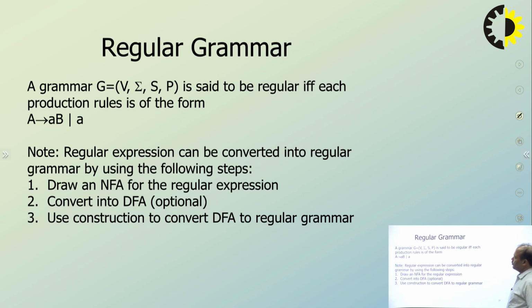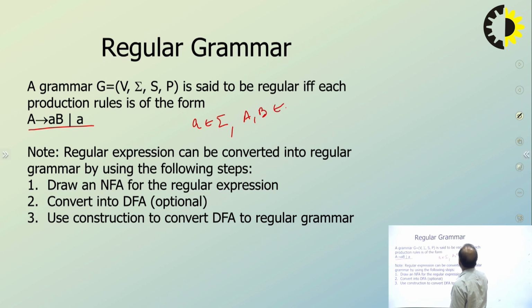Another conversion remaining is between regular grammar and regular expression. Of course, regular grammars are equivalent to finite automata. We know that a grammar (V, sigma, S, P) is said to be regular if and only if each production rule is of this form: A goes to small a B or small a, where small a is from the terminal alphabet and A and B are non-terminals.